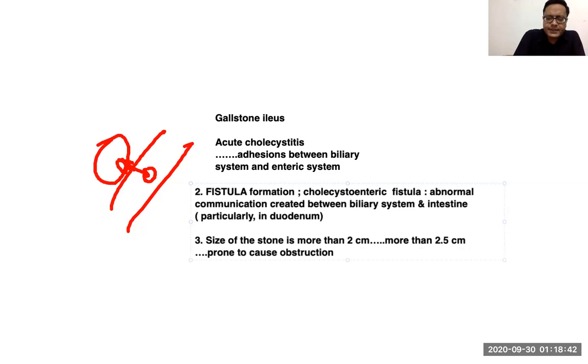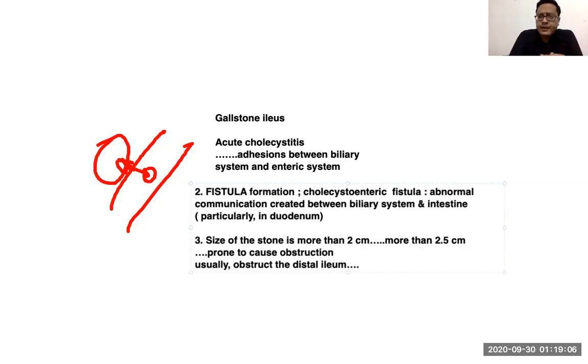They usually get stuck. The stones usually obstruct the distal ileum. Why the distal ileum? Because the ileum is the narrowest part of the bowel. That is the idea, so that's why they get stuck there.